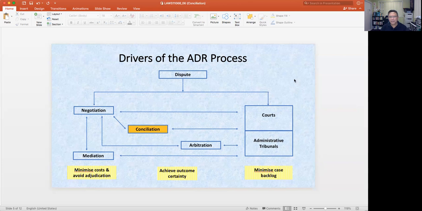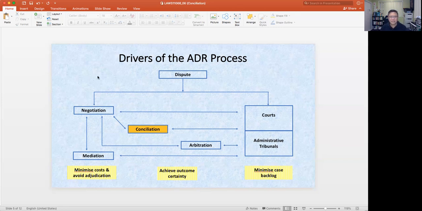But the point there is that even if it were an administrative tribunal, it becomes more complicated and probably more costly compared to negotiation and mediation in terms of the time and the emotional resources that the disputants have to invest in the process.